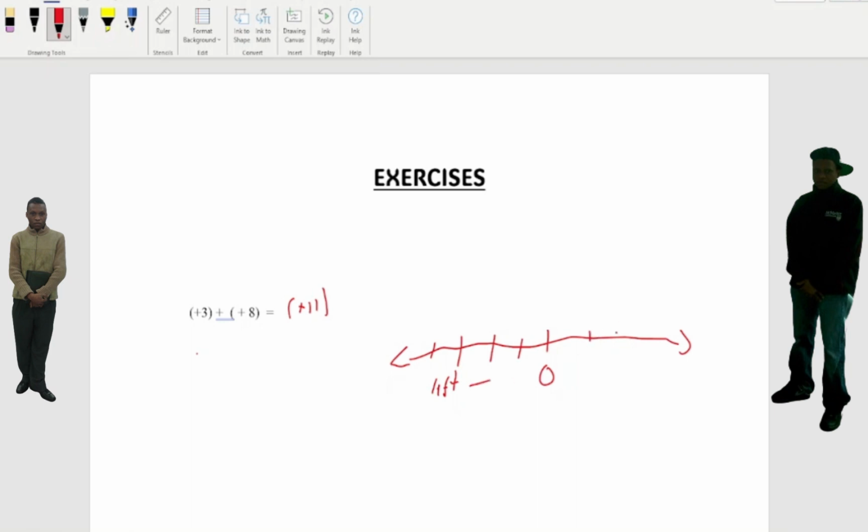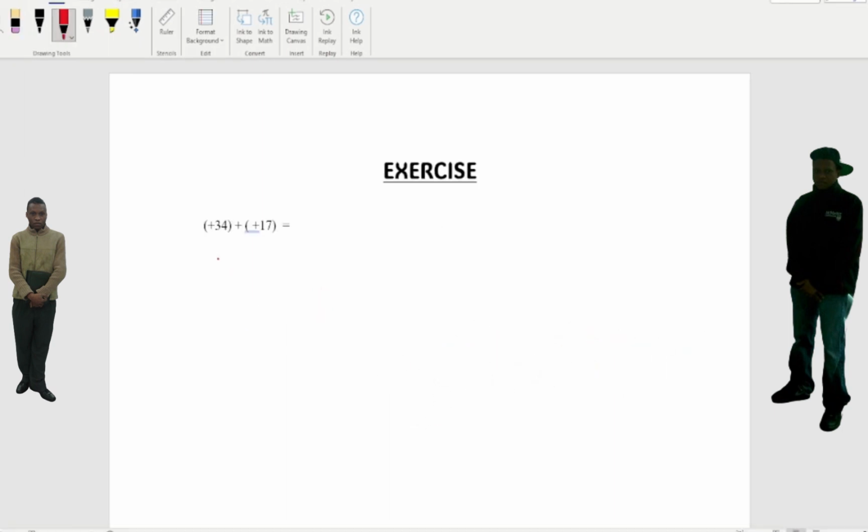This one is the positive side, the right side. So I just show you guys in case you don't get it. Now when you see the positive sign inside, don't be afraid of it.